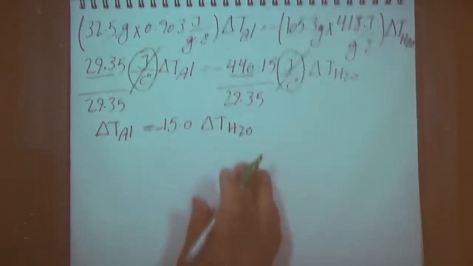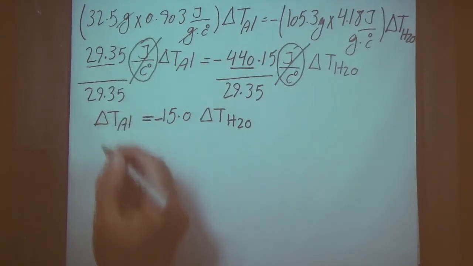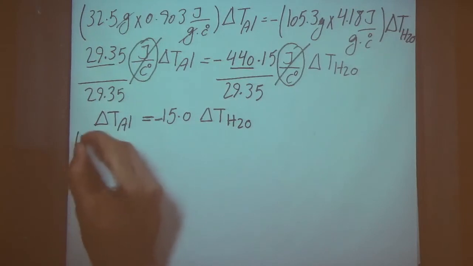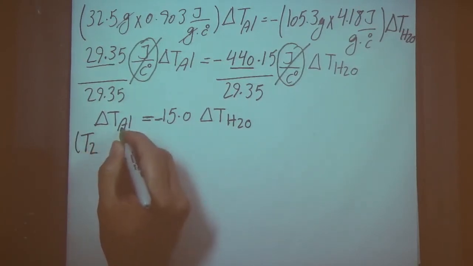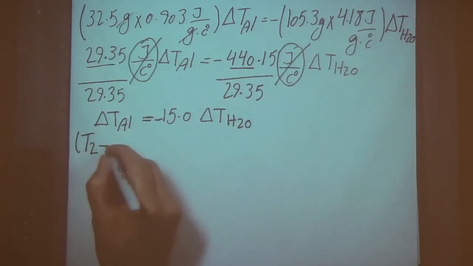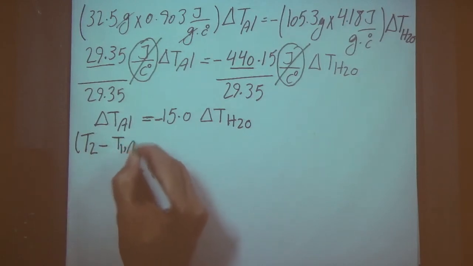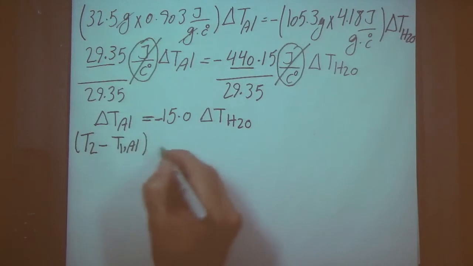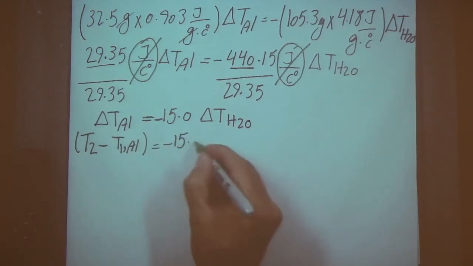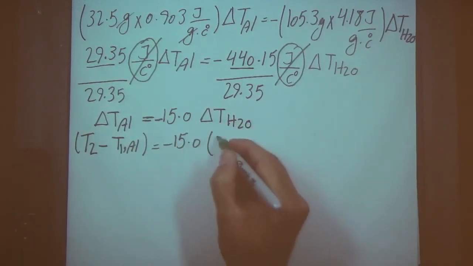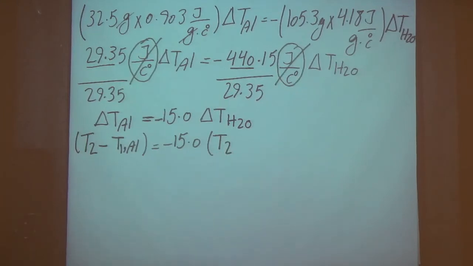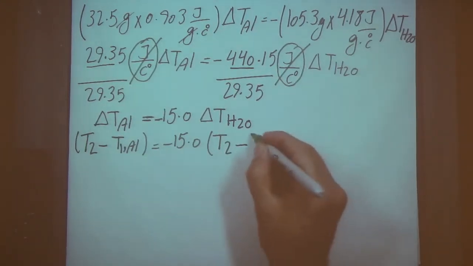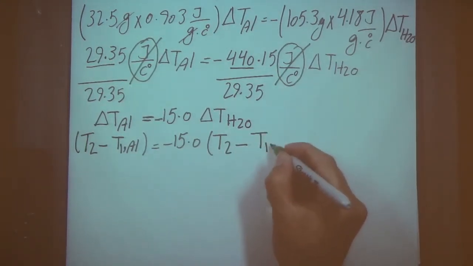Now you have the temperature, and you can put T2 of aluminum. I said let's call it just T2 minus T1 of aluminum, equal to minus 15.0 multiply T2 minus T1 of H2O.